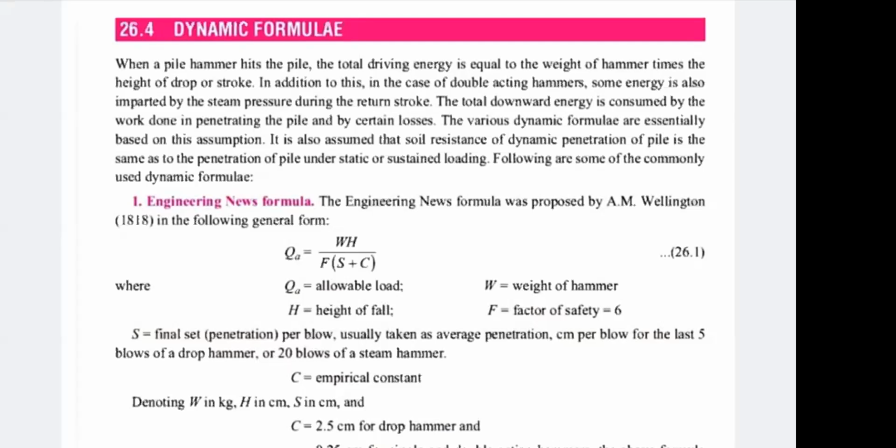Now, the various dynamic formulae are essentially based on the assumption that the soil resistance to dynamic penetration of the pile is the same as the resistance to penetration of the pile under static or sustained loading.